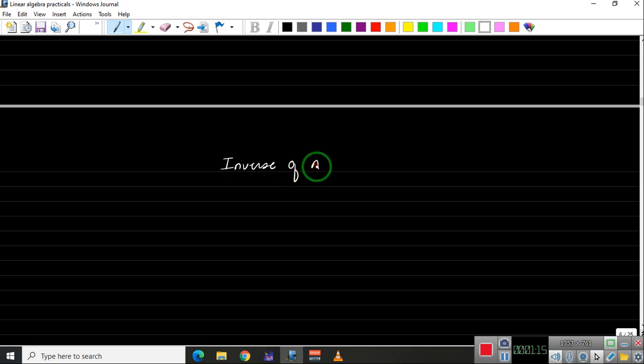Of course, to define inverse you need a square matrix. Also for triangular matrix there is something called as generalized inverse, but we will not talk about it.